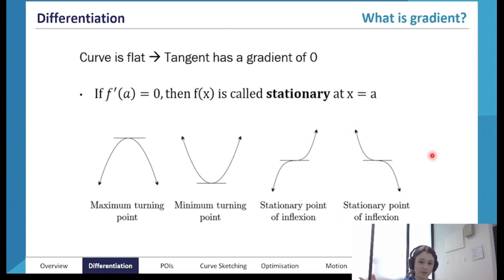And in all of these scenarios, we have a stationary point because instantaneously, just for one tiny second, the gradient is 0 and the curve is flat. As you can see, we have two categories of stationary points displayed here: turning points, and points of inflection, where the curve has that chair shape.